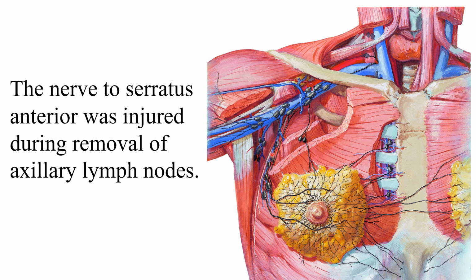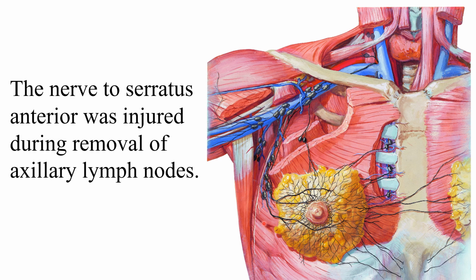During the biopsy or perhaps during the mastectomy, the surgeon must have damaged the long thoracic nerve. Can you see here this white colored nerve which is present here? This is the nerve called the long thoracic nerve, which is supplying the serratus anterior.